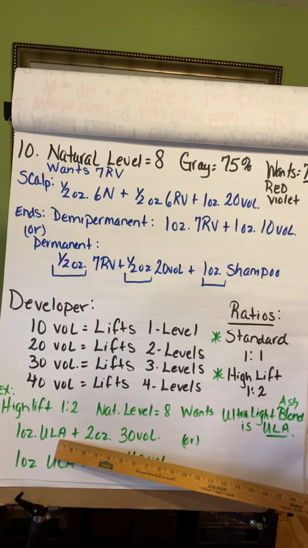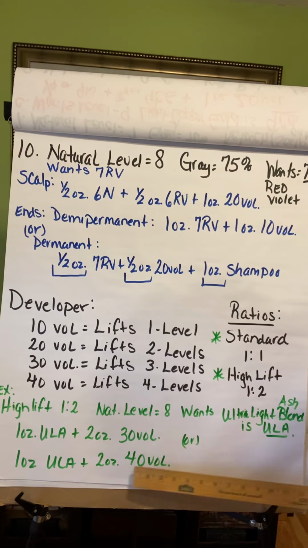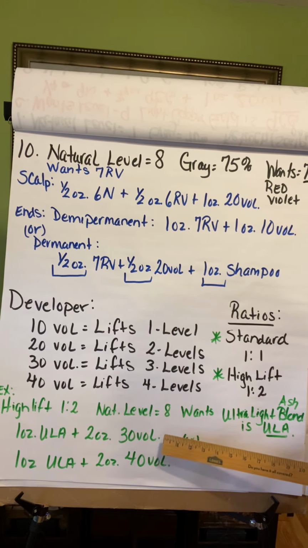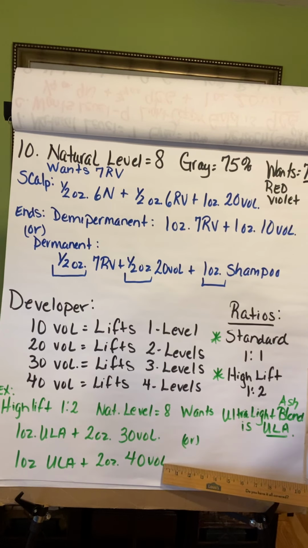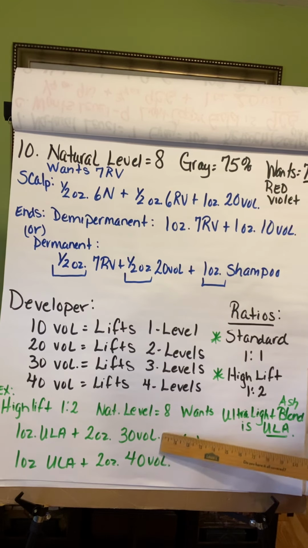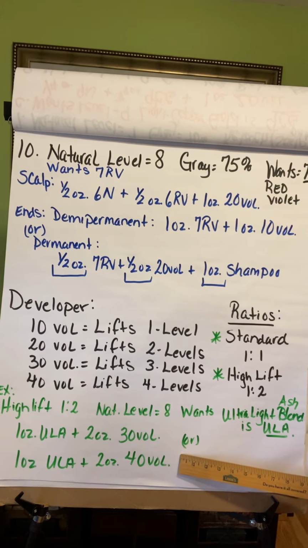So 1 ounce of ULA plus 2 ounces of 30 volume. Or you could write it with 40 volume. It's your choice, okay? Depending on what you're going from. If you're going from a level 7, you're probably going to use a 40 volume developer. But you got to have enough lift in it to get them where they want to be.